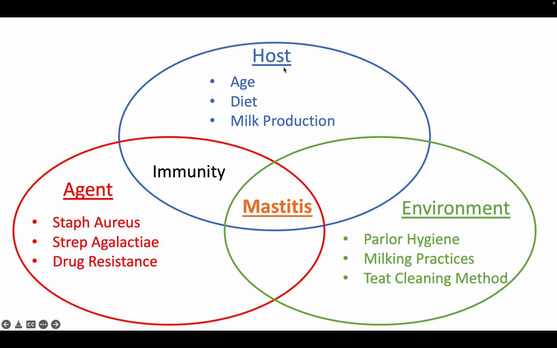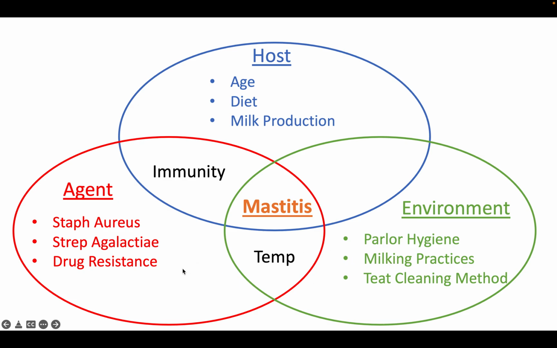And each of these factors intersect. So an intersection between the host and the agent is whether the host has previously been exposed and might have mounted some kind of immunity that can carry them forward and protect them against future encounters with that agent. The agent and the environment, an example of that intersection is temperature.